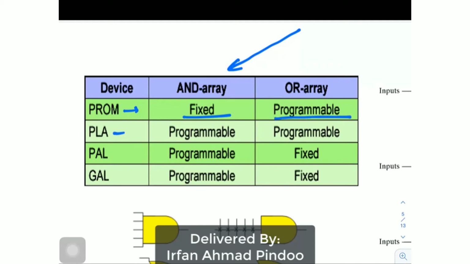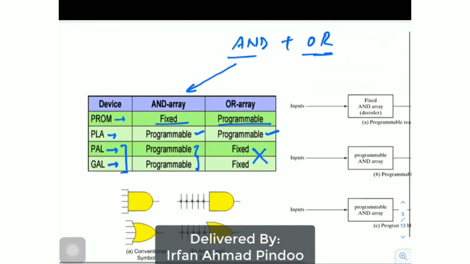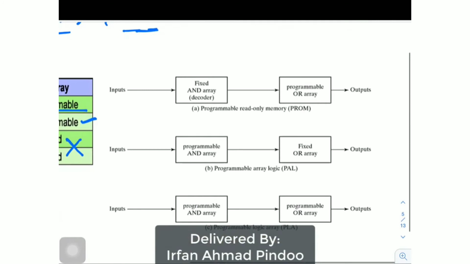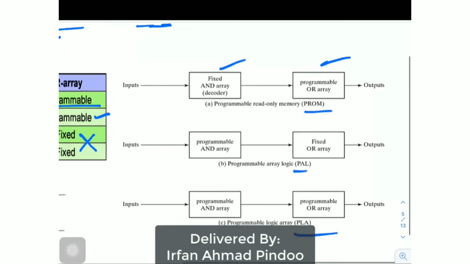If we look at PLA, both the arrays are programmable. If we look at PAL and GAL, then the AND array is programmable, while the OR array is not programmable, it is fixed. The same thing is given in this diagram as well. The PROM has a fixed array of AND gates and a programmable OR array, and so on for PAL and PLA.